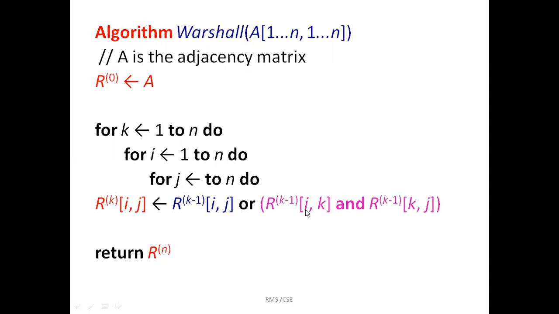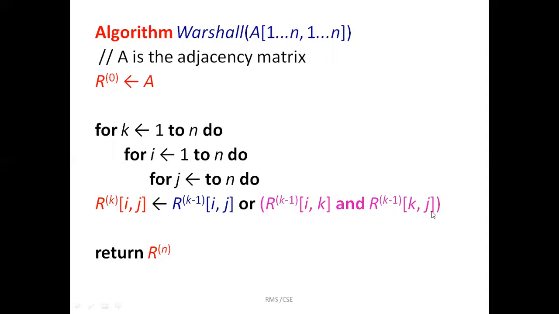So what I have to do is move from i to k, then k to j. If it is possible to move from i to k and k to j, then I can add a new edge i to j.